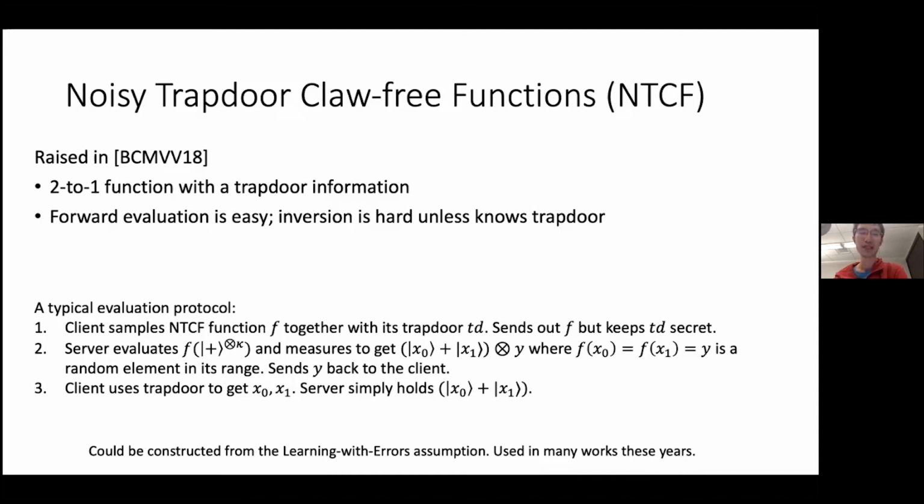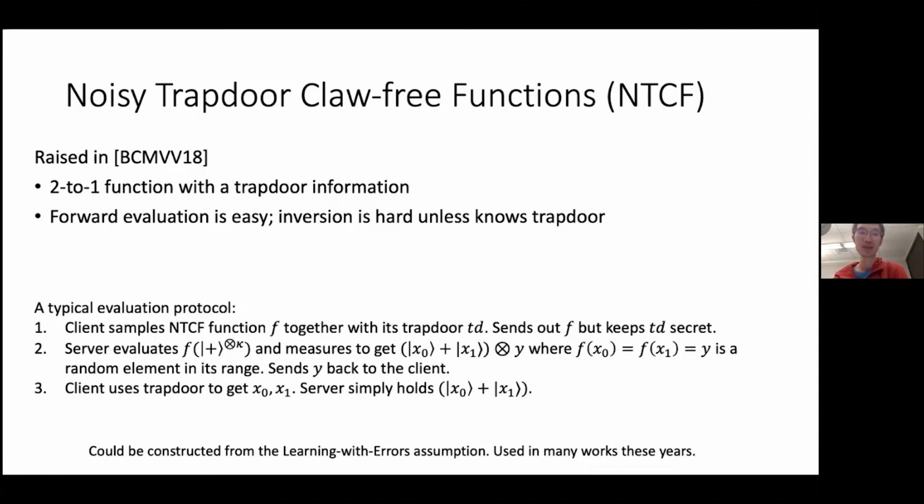This will collapse the overall state to a state in the form x0 plus x1 tensor y. And here, y is a random element in the range. x0 and x1 are two pre-images. Recall that this is a 2-to-1 function. Then the server could send y back to the client.